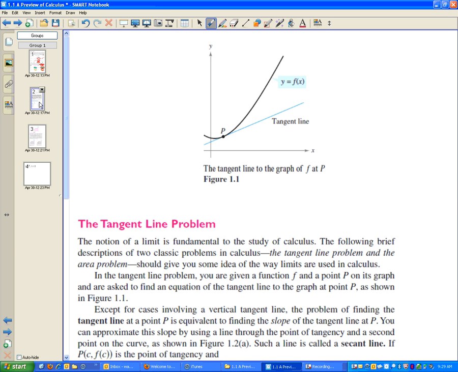All right. Now, there's 2 huge problems in calculus that, amazingly enough, tie together. And for a long time, mathematicians didn't realize they tied together. That was the big breakthrough that Newton and a guy named Leibniz came up with that formed what we all call calculus now, okay? They figured out that these 2 problems were related, whereas it took a long time.